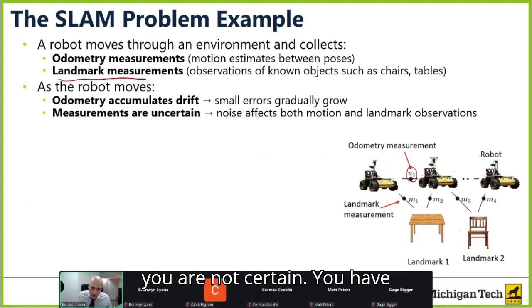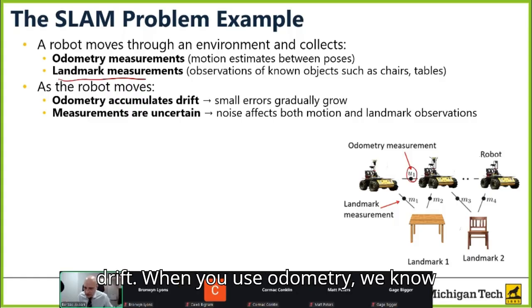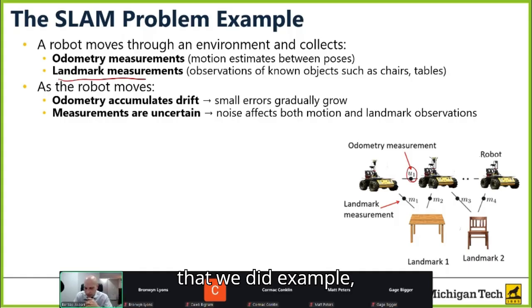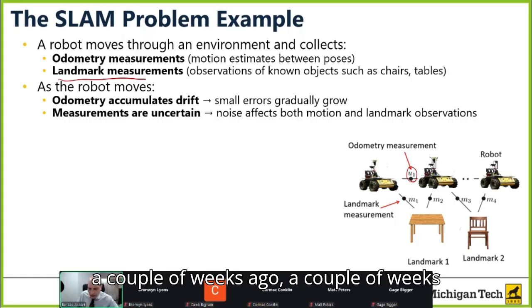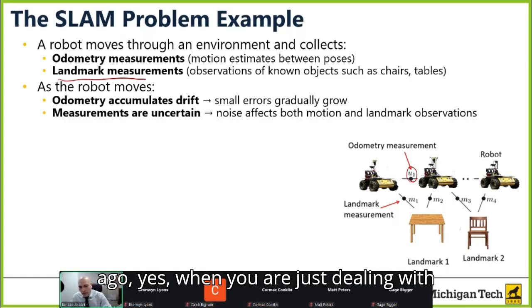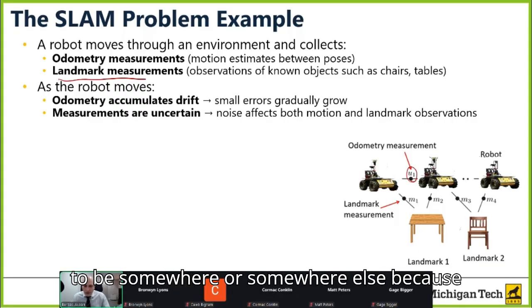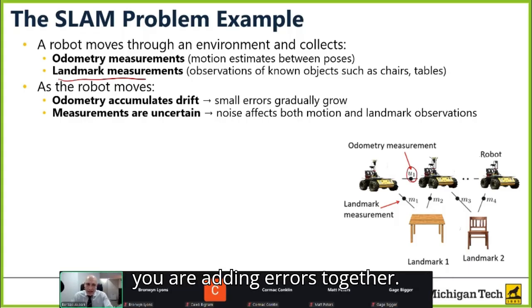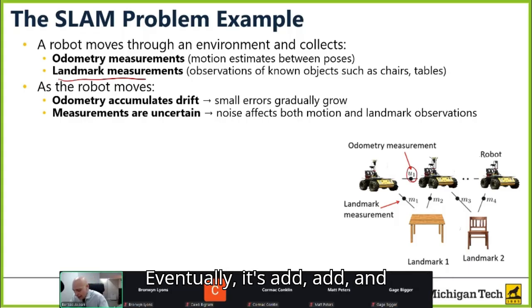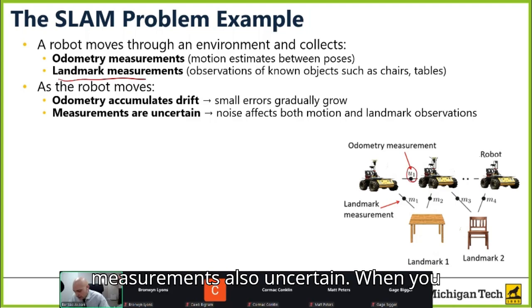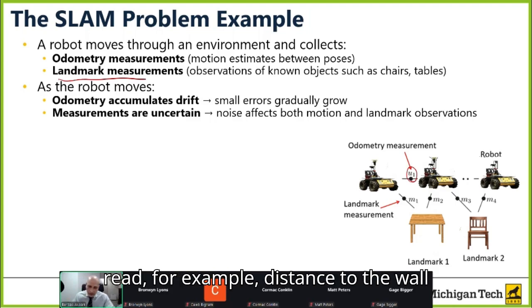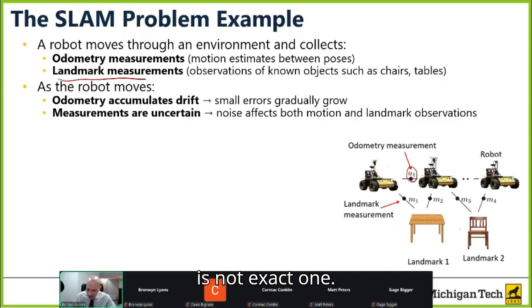But you are not certain. You have drift. When you use odometry, as we saw in the example a couple of weeks ago, when you are just dealing with odometry, you have drift. You're supposed to be somewhere, but you're somewhere else, because you are adding errors together, and eventually they grow gradually, and we need to fix it. The measurements are also uncertain; when you read, for example, the distance to the wall, it is not exact.